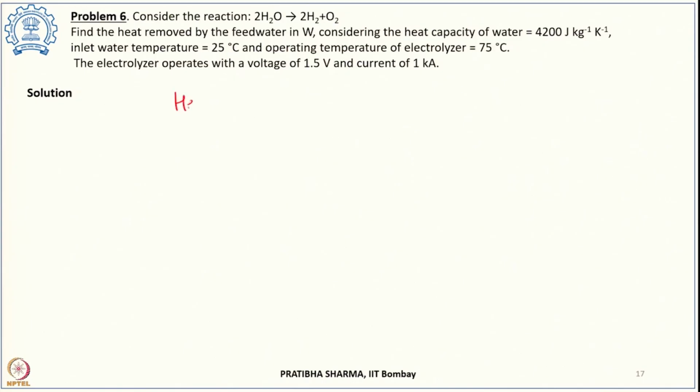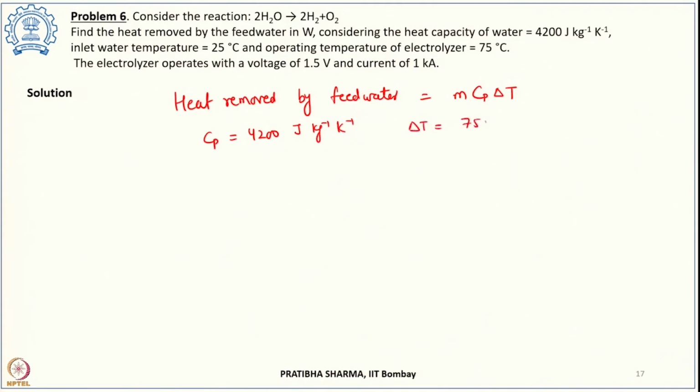So it is a simple problem: the heat removed by the feed water is nothing but given by m Cp delta T. Cp is already given in the problem, 4200 joule per kg per Kelvin, and delta T is 75 minus 25 degree, that is 50 degree, a difference of 50 degree centigrade.